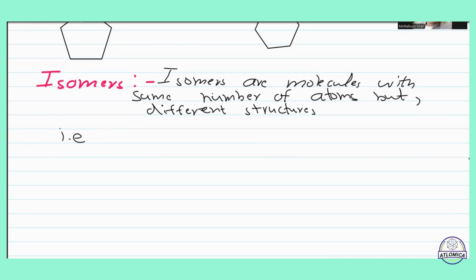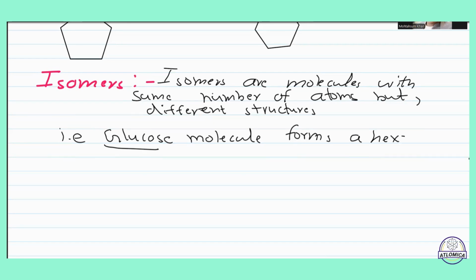For example, the glucose molecule. Glucose is a hexose sugar, a monosaccharide. Glucose forms a hexagonal structure with two isomers. Can you name them?